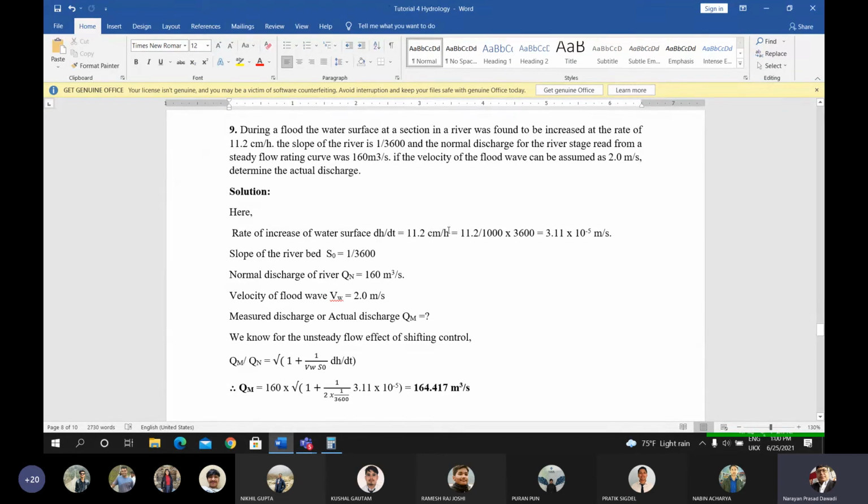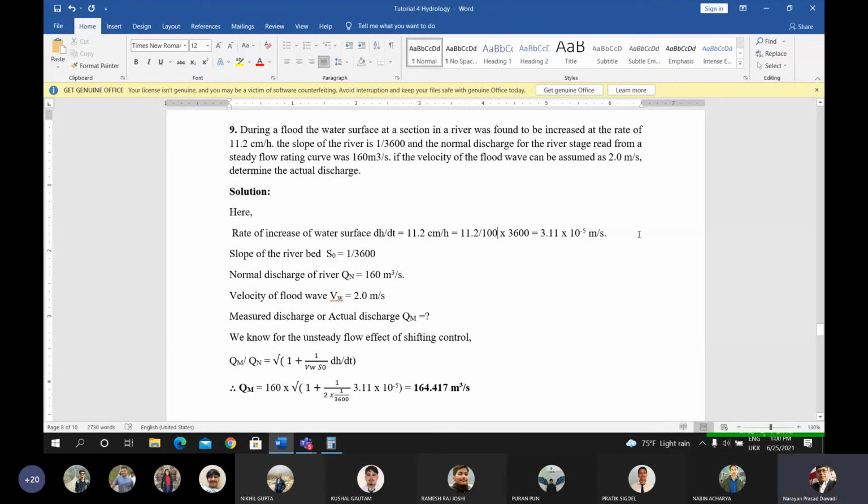Now for the second, again divide by 24 hour, 1 into 60 into 60. You will get this value, which gives 11.20 divided by 100 centimeter per meter. This is not 1000.